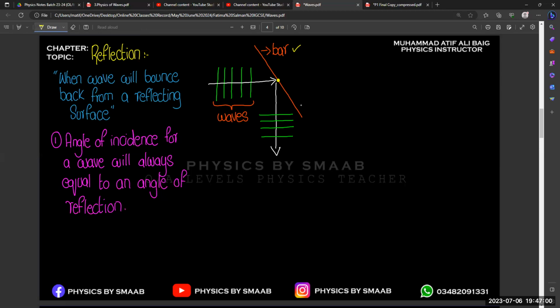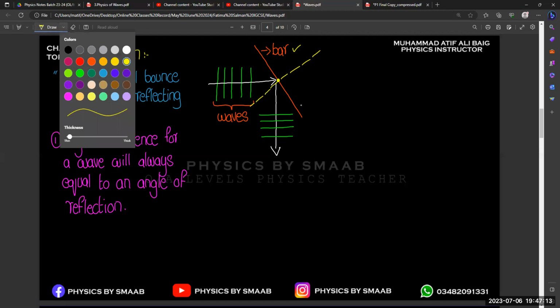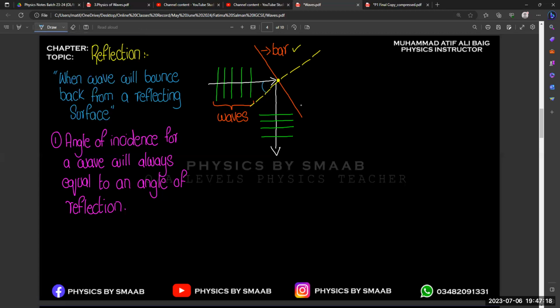You need to draw a perpendicular line to the surface like this, right? Now we can easily measure the angle. How are we going to measure the angle? This is the angle, because waves are coming towards the barrier, so that is the angle of incidence. The angle of incidence is always equal to the angle of reflection.